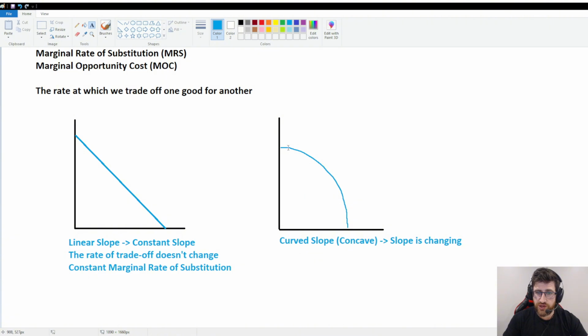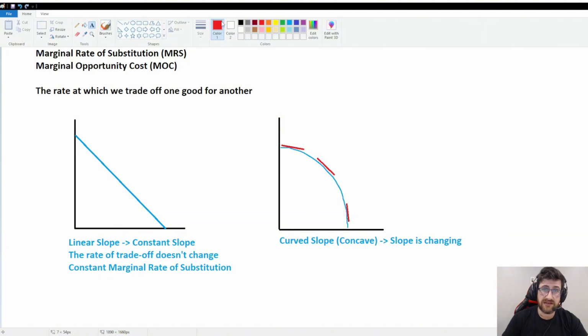If I check the slope up here, so if I take, let's say, a little red line and draw a slope, it's pretty flat, right? And then if I drag it down to here, it's a little steeper. If I drag it down to here, it's very steep.